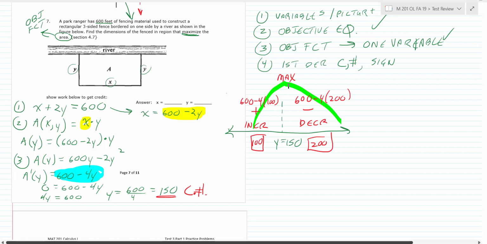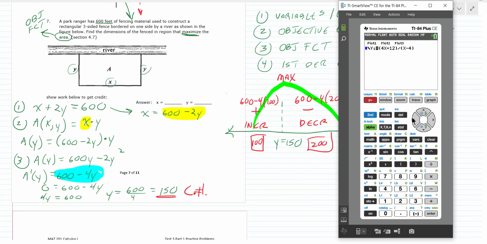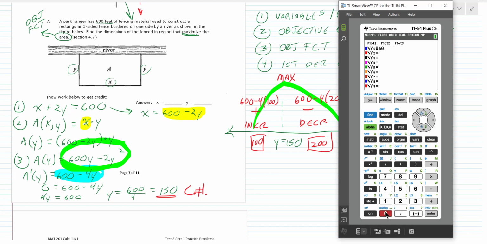The other way to do this, in the world of technology, is to graph your function. Okay, so graph the function that you had in terms of one variable. That's what you want to graph right there. So let's put in 600, and it doesn't matter that we just use x instead of y. And we got minus 2x squared.